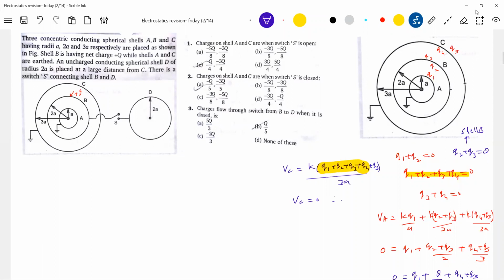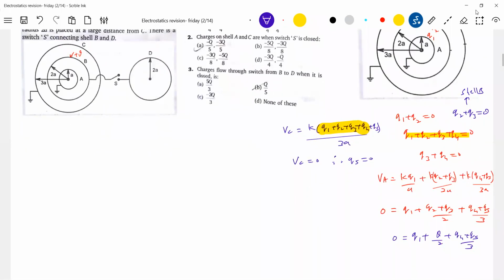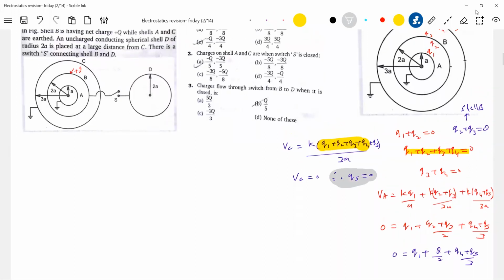Why is shell C earthed? So therefore, what is the conclusion? Q5 will be 0. If Q5 is 0, then we'll get the relation between Q1 and Q4. What are the unknown things?